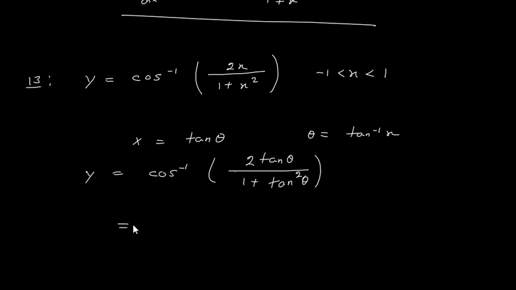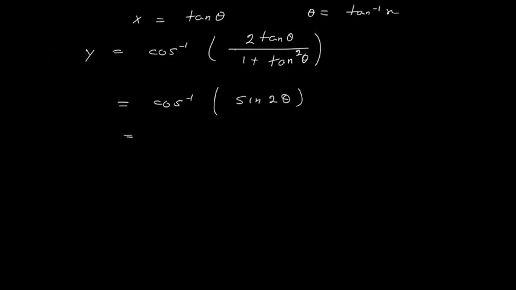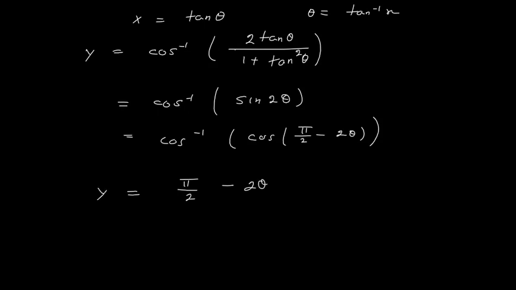Now 2 tan theta upon 1 plus tan square theta is nothing but sine 2 theta. So this sine we convert into cos as cos of pi by 2 minus 2 theta. Now cos inverse and cos will cancel, and I have pi by 2 minus 2 theta. This is the value of y.